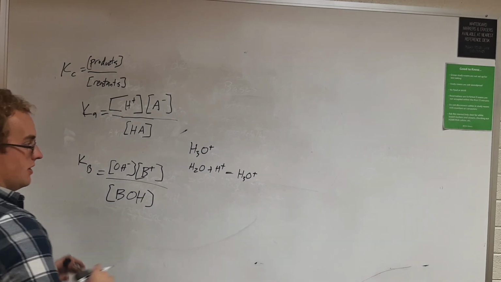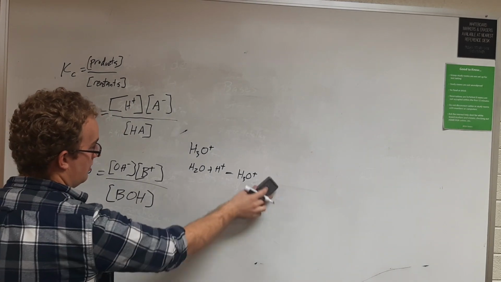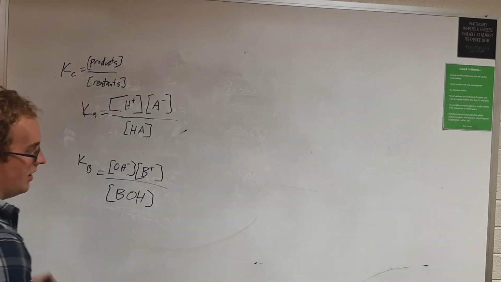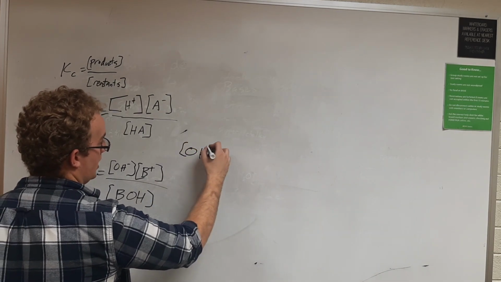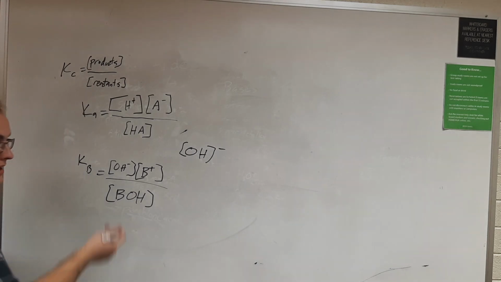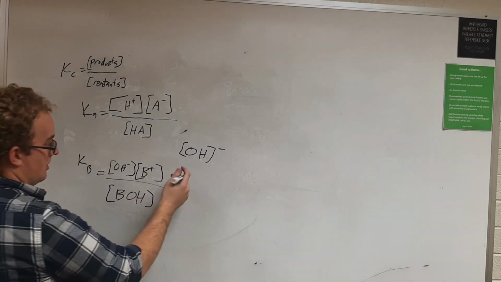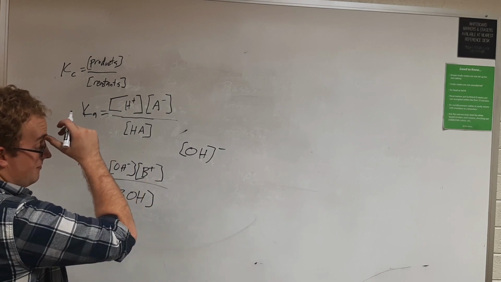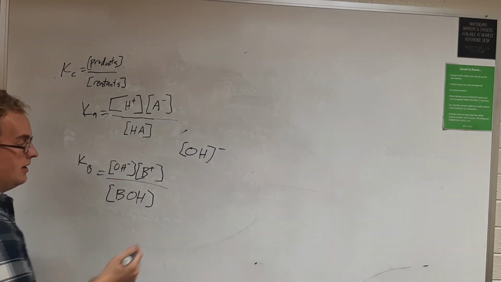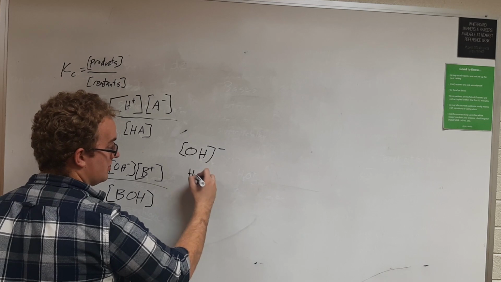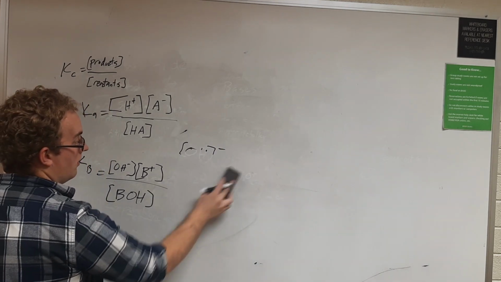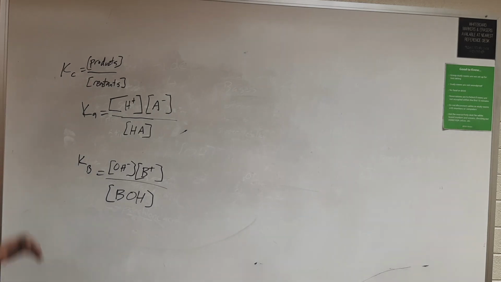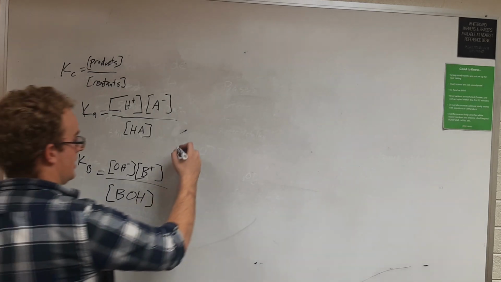So in water, we'll have a certain concentration of hydronium, right? And we'll also certainly have a certain concentration of OH minus. Now that's a base that would accept a proton. That means OHs are going to make your solution more basic. If you added an H here, that becomes water, right? Because it will balance out that charge. So in water, water kind of forms both of those pretty evenly.